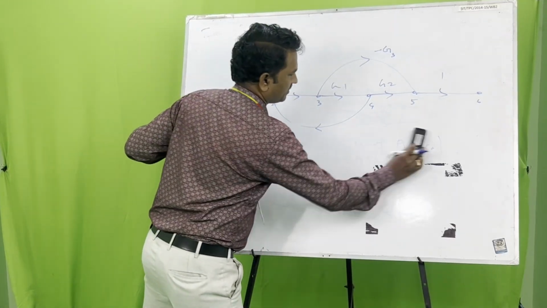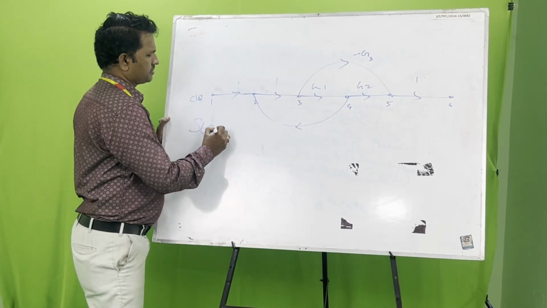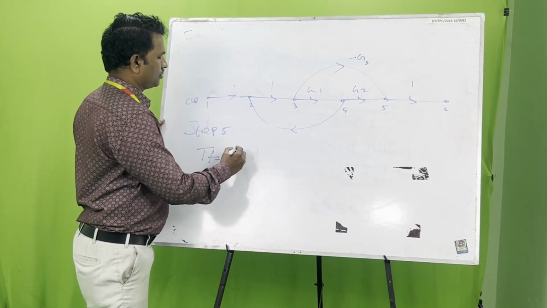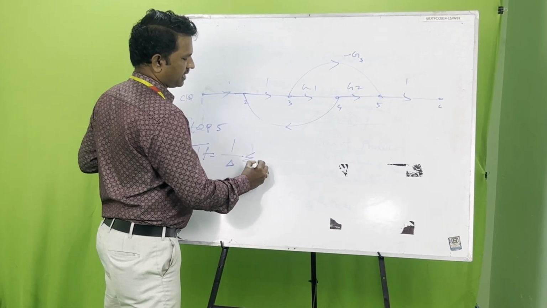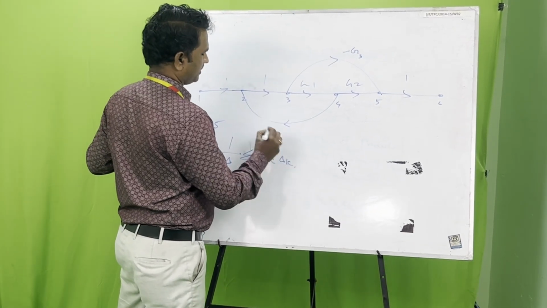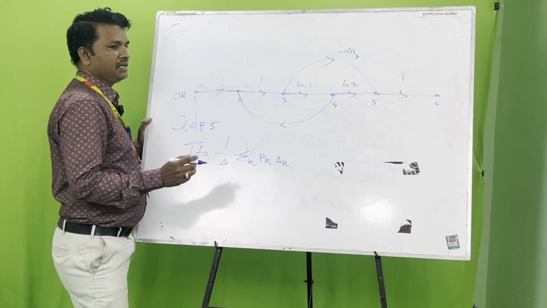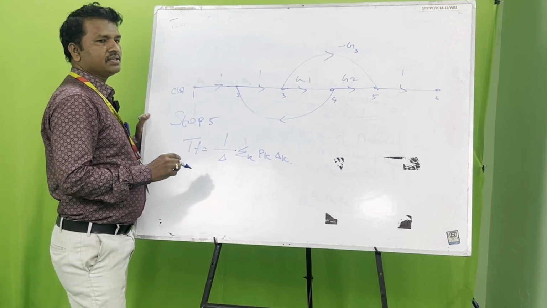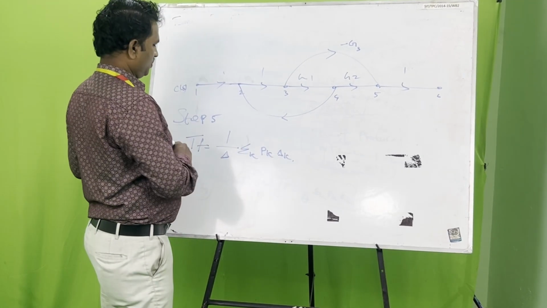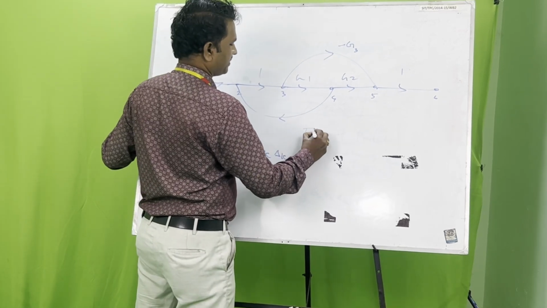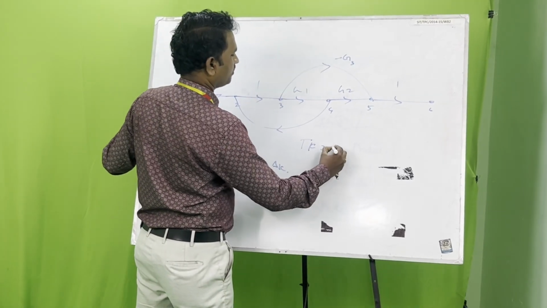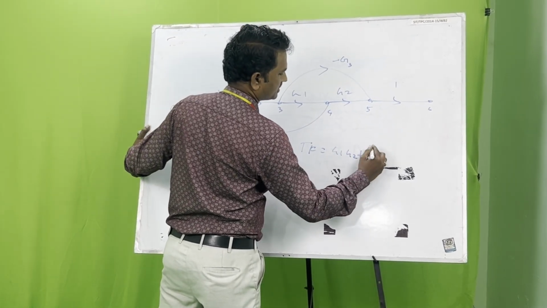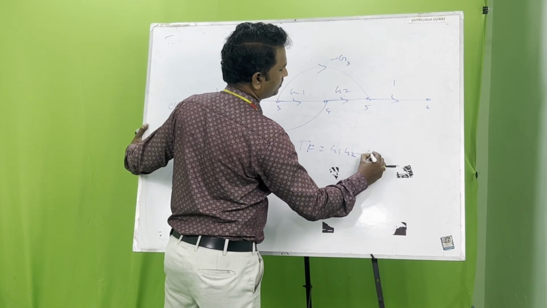Now we come to the final step, step 5. What is step 5? Find the transfer function. Transfer function TF is equal to 1 by delta, sigma k, Pk delta k. Here Pk is a forward path. All the forward paths are written in the numerator, so the numerator is G1 G2 plus minus G3, because the gain value is minus G3.